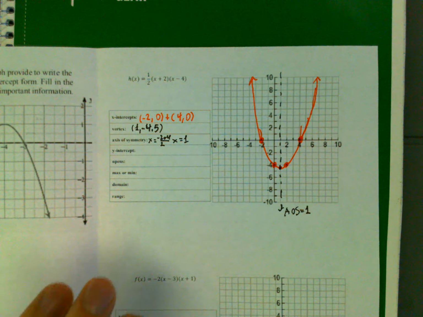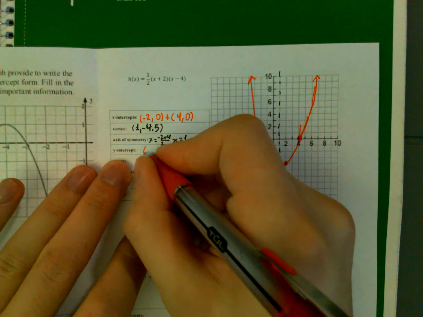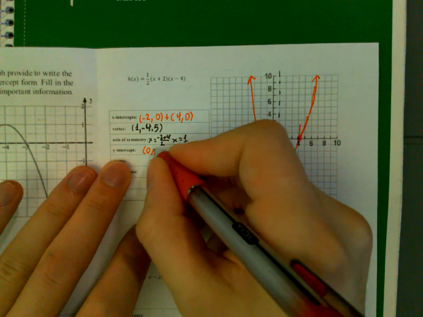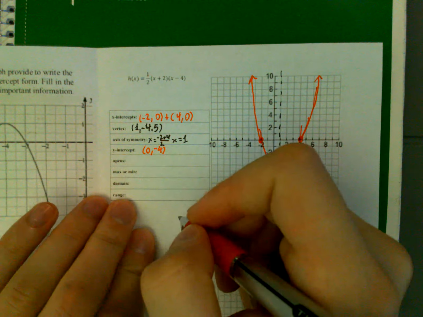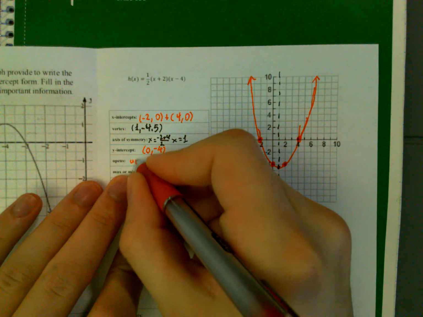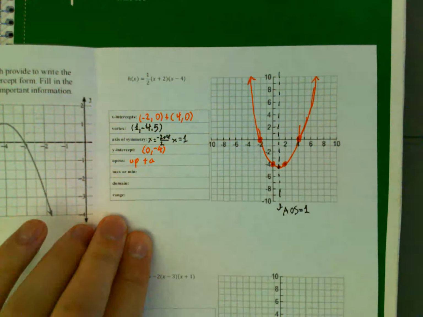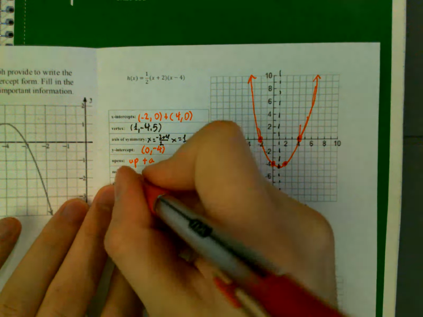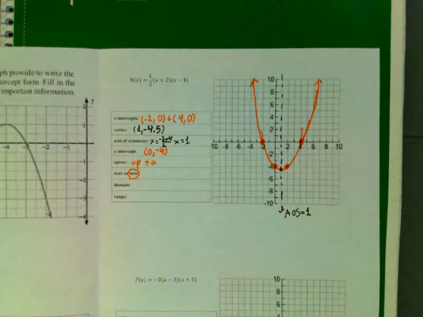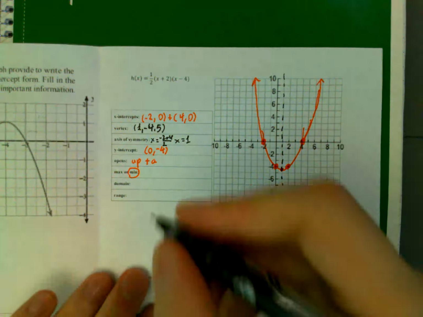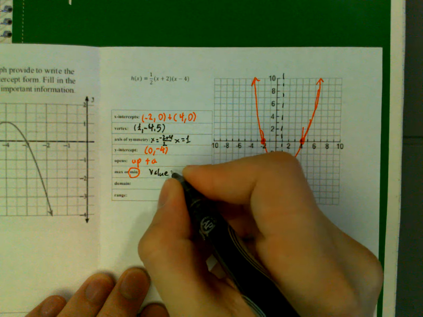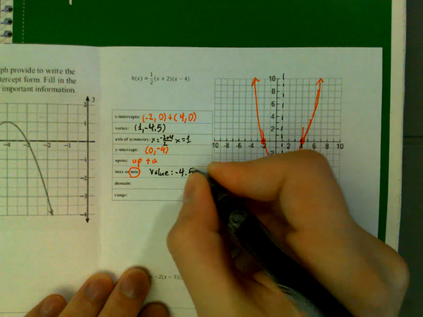The y-intercept would be (0, -4). It opens up, so it's a positive a, which means it is a minimum. The value that tells you that is the -4.5.